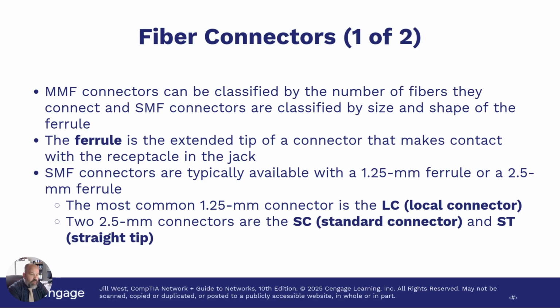The most common 1.25 connector is called the local connector, or the LC, while the popular 2.5 connectors are the SC and the ST, which are the standard connector and the straight tip. So this is like having different sized USB ports. They all serve the same basic function, but they require the right connector for the right port.